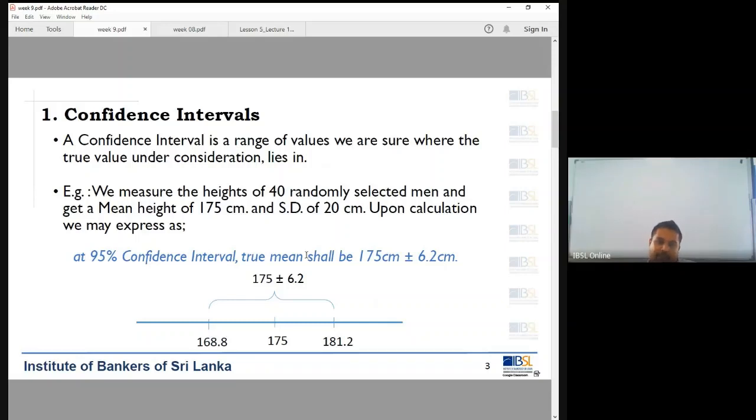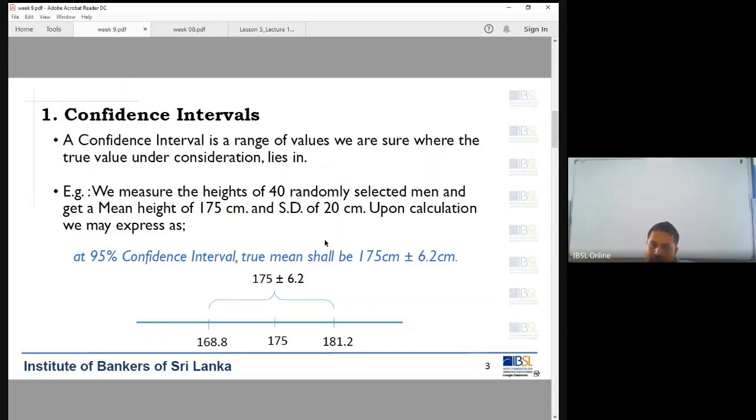Look at this example. We measure the heights of 40 randomly selected men and get a mean height of 175 centimeters, and the standard deviation is 20 centimeters. So how do you calculate these two? Just by taking all these individual values, taking the mean and taking the standard deviation. Now let's assume that you know how to calculate the confidence interval, and upon calculation, you are going to make a statement.